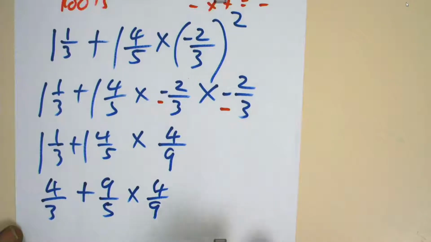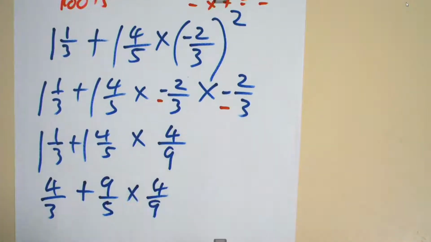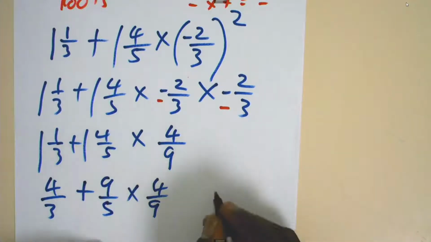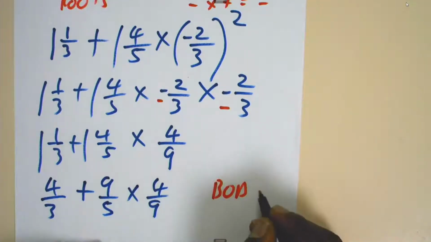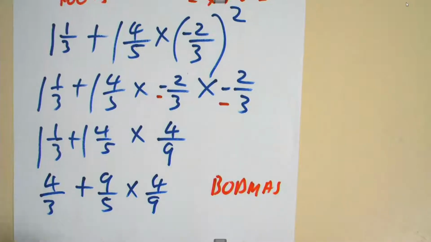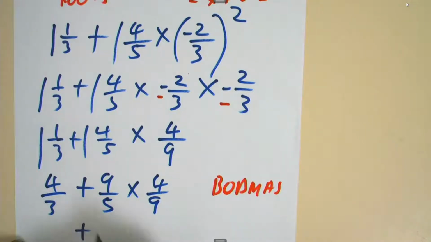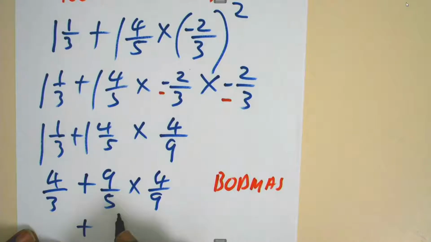Right, remember your bottomers. Remember your bottomers all the time. Rules in maths. So we start this side. 9 by 4 is 36.